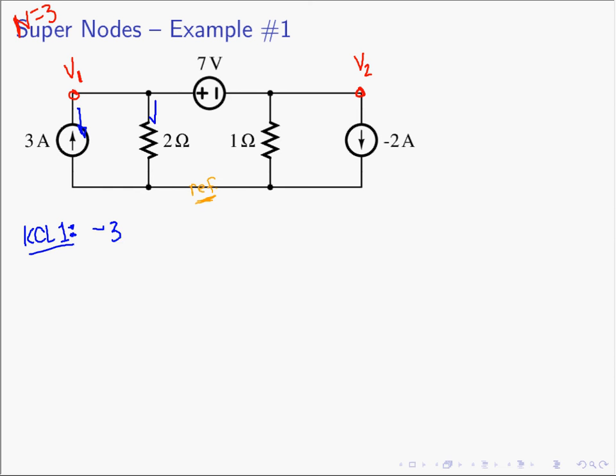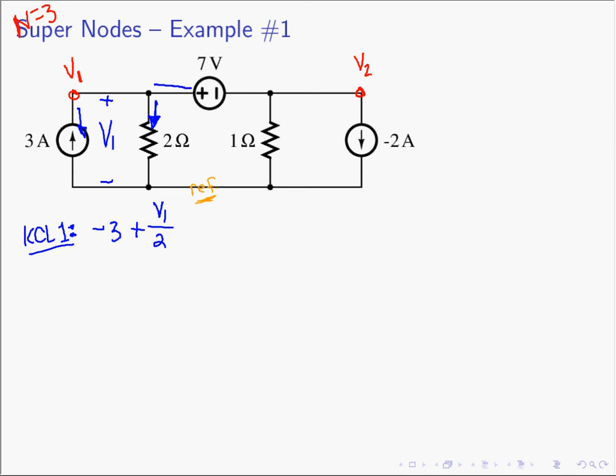And then we're looking for the current going down in this direction. Remember, when we have V1, that's really plus to minus V1, so the current is already directed into the positive terminal, the passive sign convention. So the current going down is plus, and its value is V1 over 2, since we have a voltage V1 across a 2 ohm resistor.